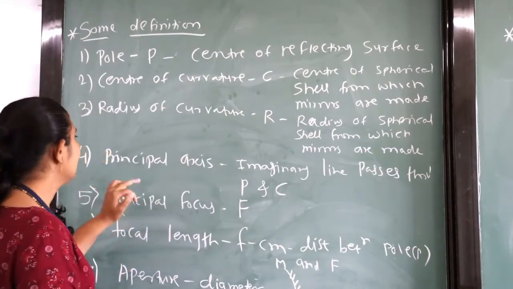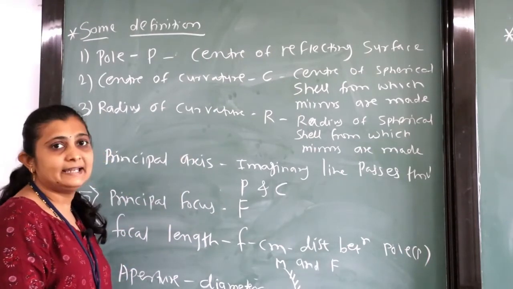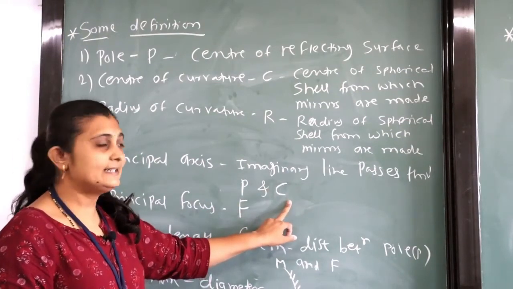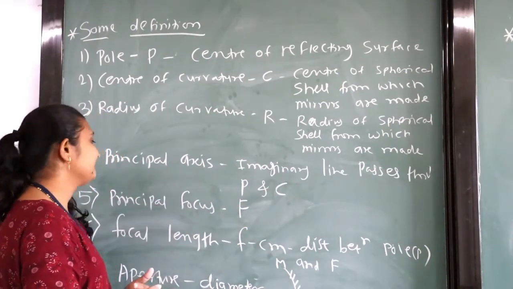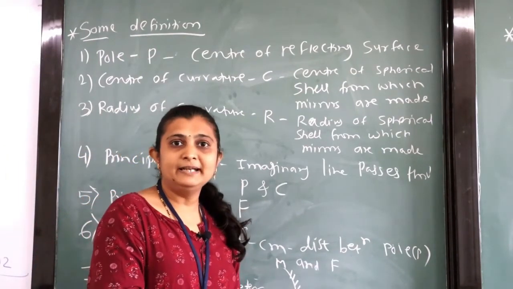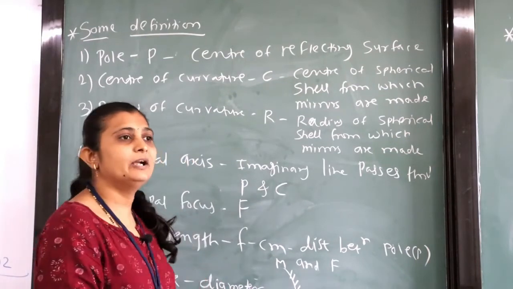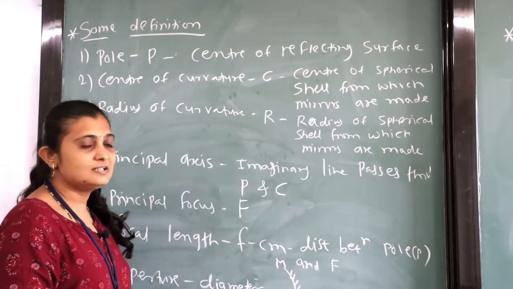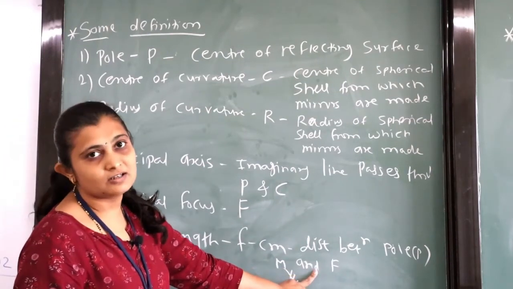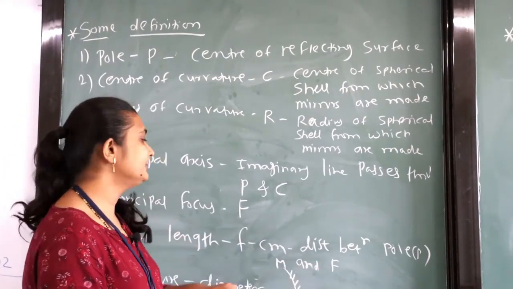Next definition is principal axis: the imaginary line which passes through the pole and center of curvature is called the principal axis. Next one is the focus. After reflection, the rays actually meet or appear to meet at one point, and that point is known as the focus point. Focal length: the distance between pole and focus is called the focal length.